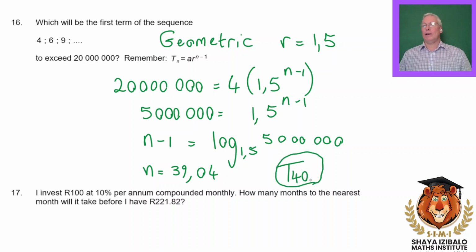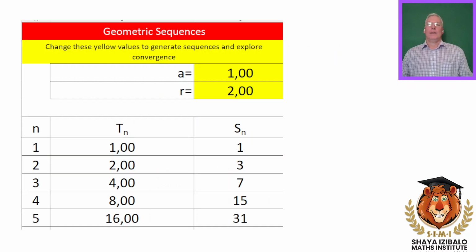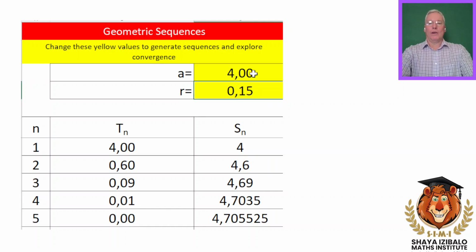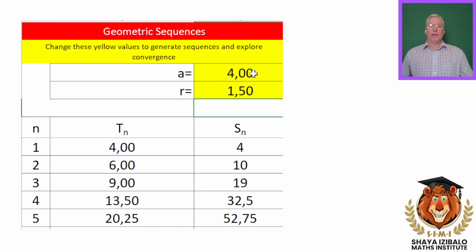Okay, we're going to quickly show you how this looks. We've got a little simulation in an Excel spreadsheet. A is 1, r is 2, those are the terms, but remember we had 4 as our first term, and then 1.5 as our common ratio. So notice there are our terms, 4, 6, 9, and this is the term number.